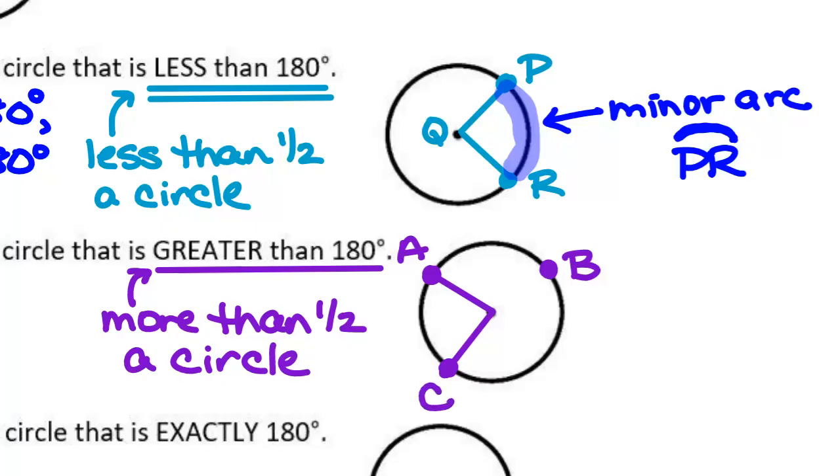So if this is my circle, and I have points A, B, and C on the circle, this arc right here would be a major arc because it is more than half a circle.